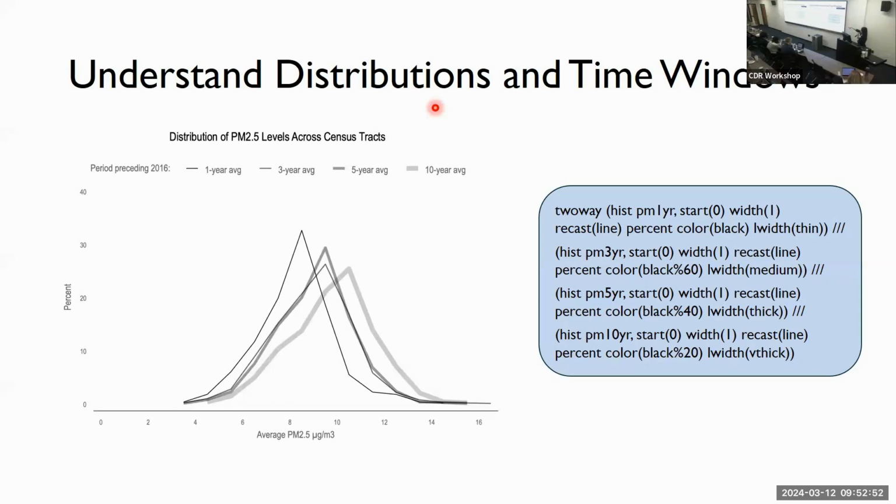If you use the 10-year average values of PM2.5 using the data from 2006 to 2016, you can now see that the median is a little bit higher compared to the 1-year average value. So again, this will inform your decision around how you want to treat your contextual level variable.